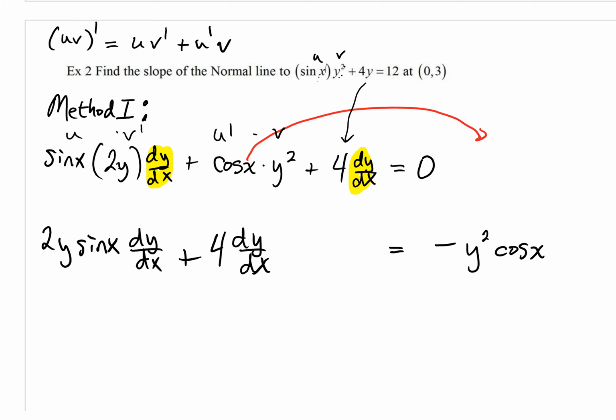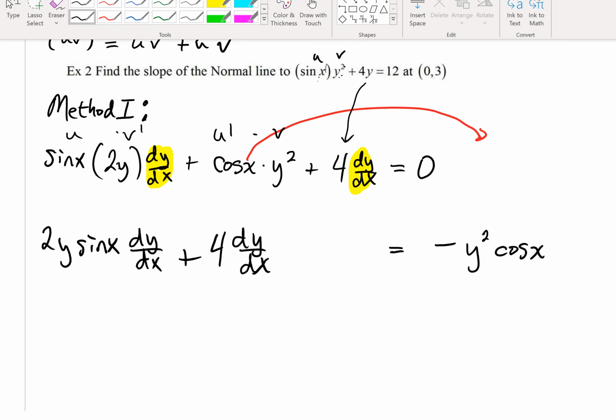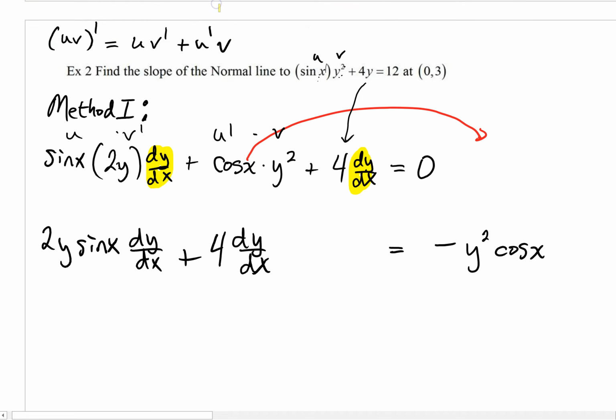And wow, we are almost done. We're so very, very close to being finished here. With this dy/dx, we need to solve for that. I'm going to factor out a dy/dx, undistribute that if you would.